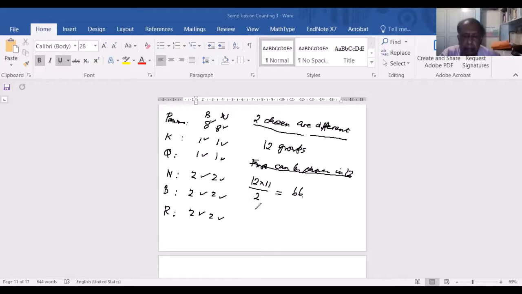But if they are the same, then you're going to have... That means I could have chosen 2 black pawns. Right? So you could have had, let's put, we'll have a notation.